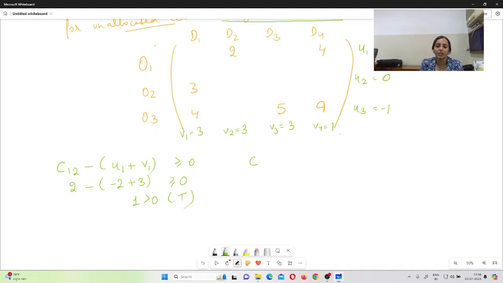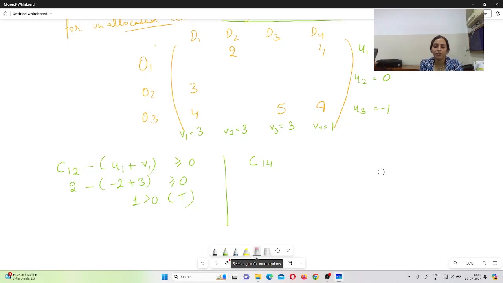Now check for the second one, that is C13, and we have C14, not 3, for unallocated. So C14 minus bracket U1 plus V4 should be greater than equal to 0, right?